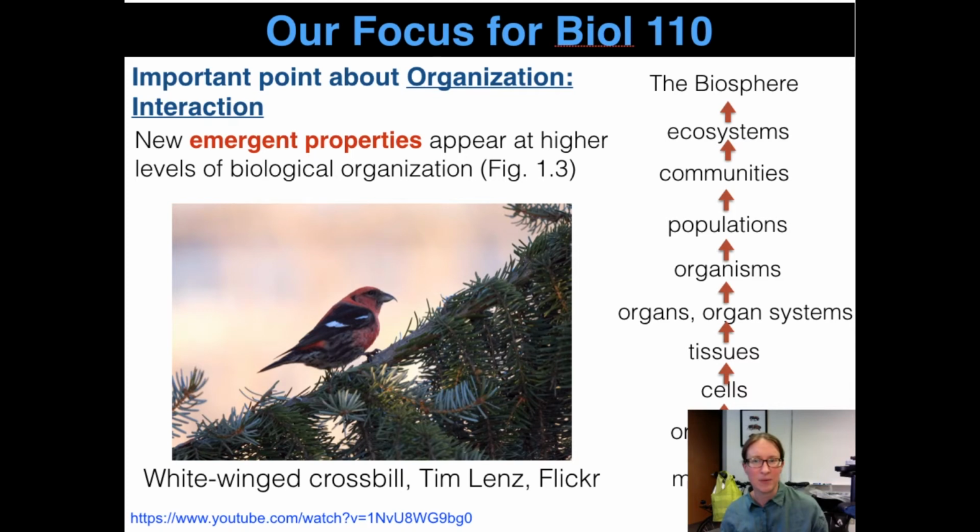To give you an example, we're going to think about this bird here. It's called a crossbill, the white-winged crossbill. And there's a little video about them here. It's about 2 minutes long, just so you can learn a little bit more about how they work. Birds in general use their beaks or their bills as a way to gather food. And in that regard, it seems like having a crossed bill would be a really terrible way to gather food.